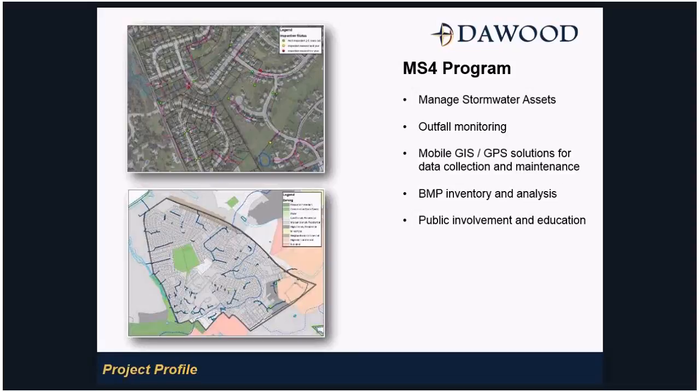The top one's showing an inspection status, kind of like a stoplight, green, yellow, red theme. So anything that's green has already been inspected, no need to worry. But if an inspection's coming up, it will appear yellow and then red, alerting them visually that action needs to happen. And part of the MS4 program also is public involvement and education, which you can do by having this data in-house, but then also hosting it to the web to really engage your citizens.